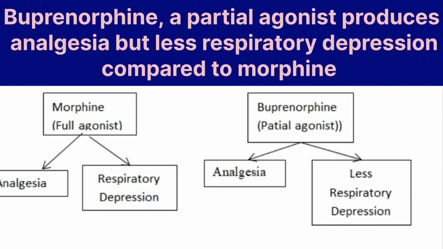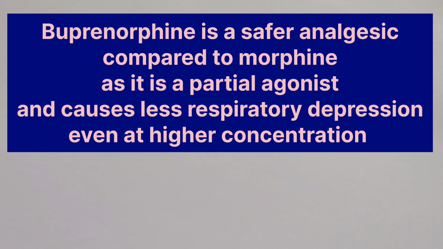Buprenorphine, a partial agonist of mu opioid receptors, partially stimulates the opioid receptors and produces analgesic action. The advantage of buprenorphine is that it is a safer analgesic drug than morphine because it produces less respiratory depression in overdose, because it's a partial agonist and it fails to produce full therapeutic response even at high concentration.